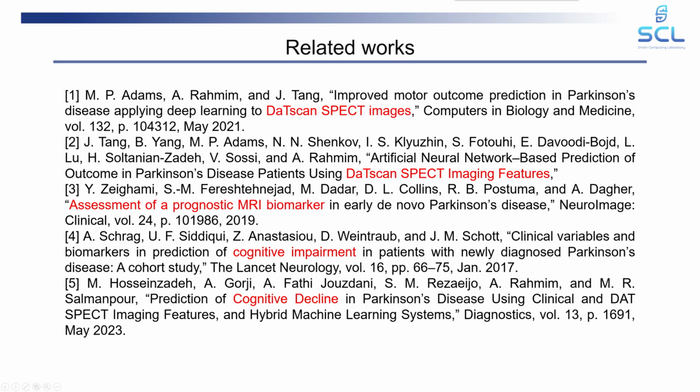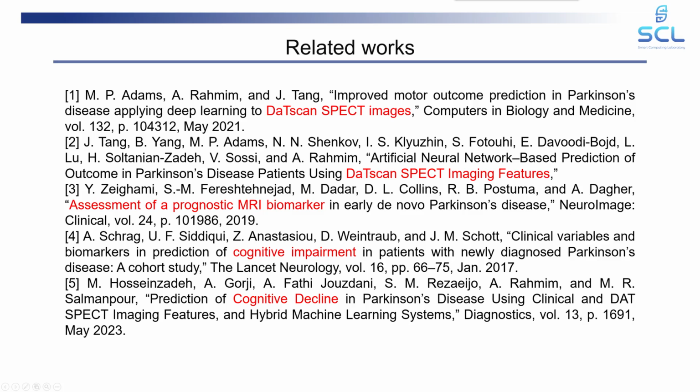The results showed that including DAT SPECT images significantly improved the prediction accuracy over using clinical scores alone. Similarly, the second paper found that combining top imaging features with baseline UPDRS3 scores greatly improved accuracy in predicting UPDRS3 scores at year 4.